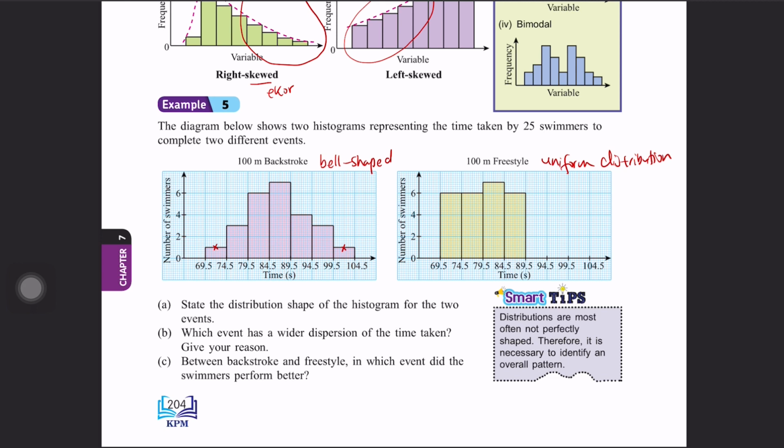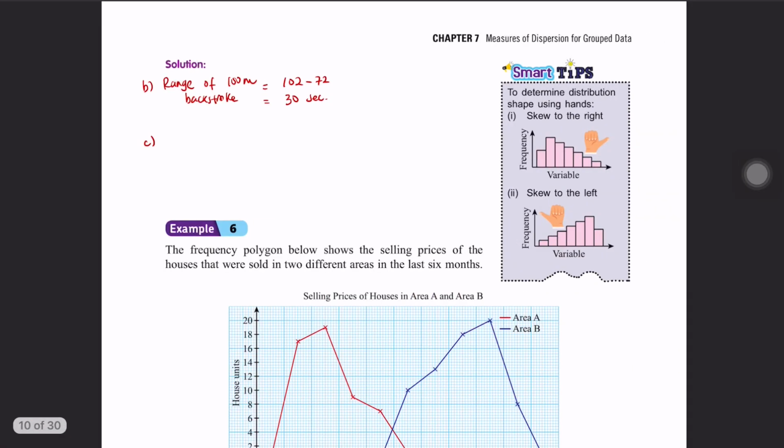Between backstroke and freestyle, in which event did the swimmer perform better? Okay, 100 meter freestyle. Okay, because most of the swimmers recorded a better time. Okay, boleh? Itu cara kita nak interpret data. Okay, sorry, interpret graph.